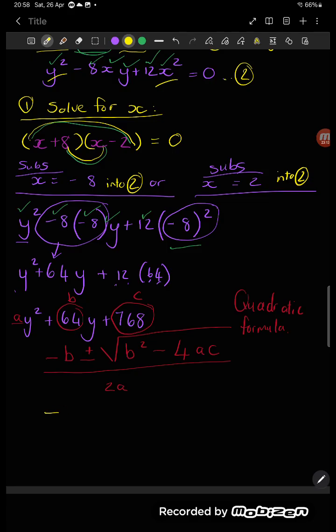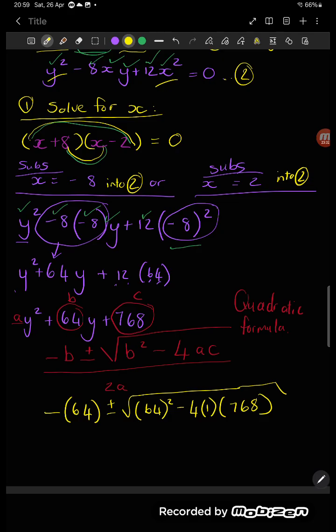So minus, please use brackets always with this formula, 64 plus minus the square root of 64 squared minus 4 times 1 times 768. Okay, 64 squared. I can do that in my head, but let's use a calculator, because I don't want to get something a little bit wrong here.